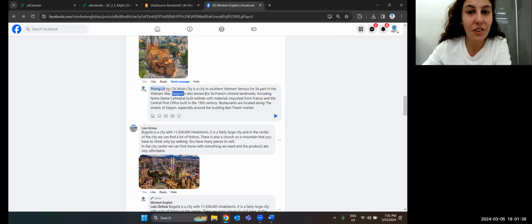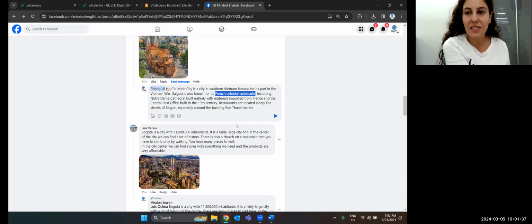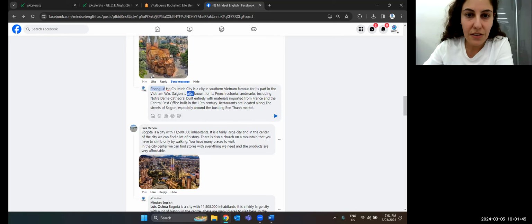Saigon is also known for its French colonial landmarks. I like that. So that means that the French came to this area, Saigon, and they did some building, so you could still see the French influence. So Saigon is also known.